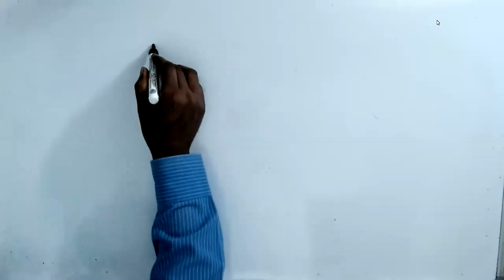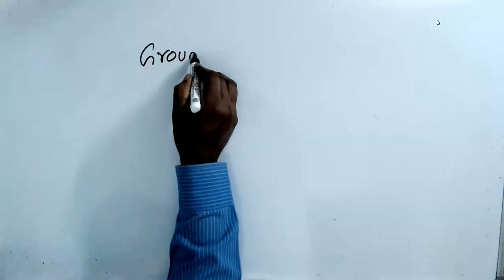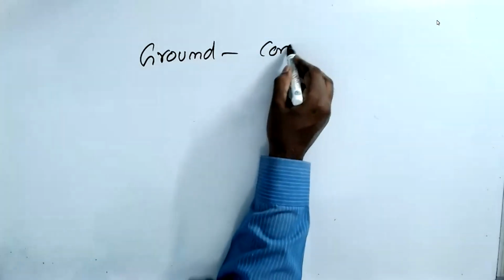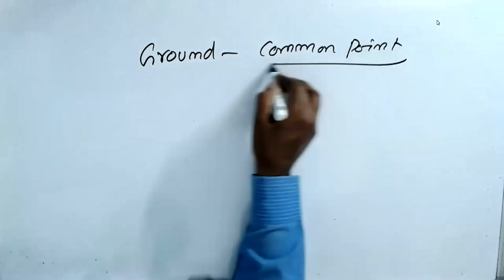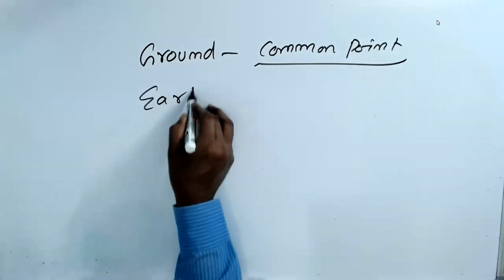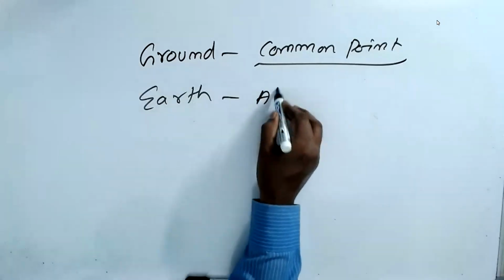Okay. So if you have any doubts, let me know. We have explained maximum things, that is series and parallel circuit, and we discussed all about what is ground, common point, and what is earth, absolute point.